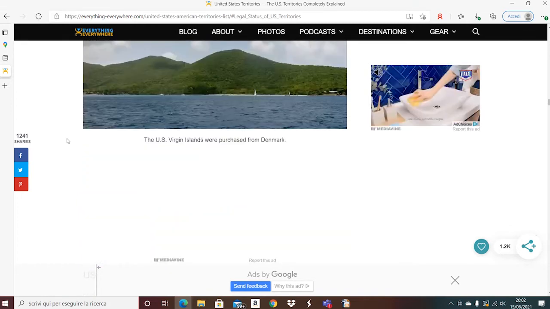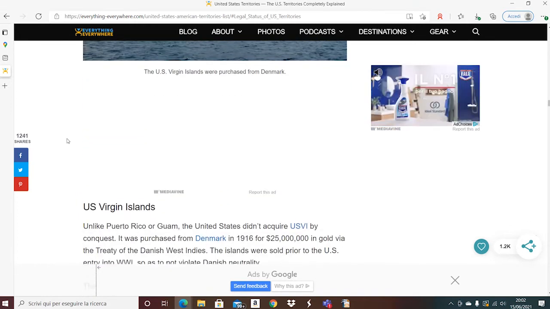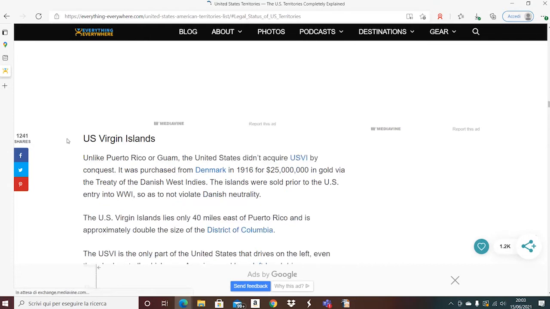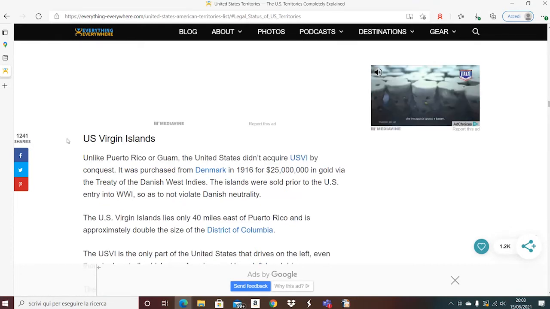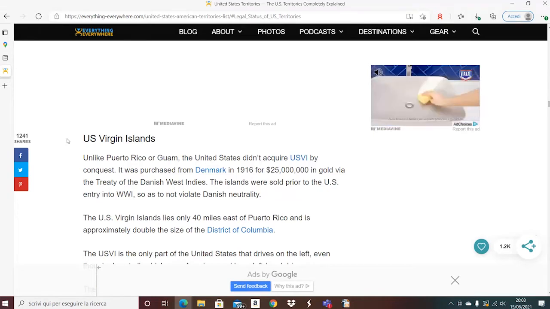Okay, so the US Virgin Islands. Unlike Puerto Rico or Guam, the US didn't acquire the American Virgin Islands by conquest.